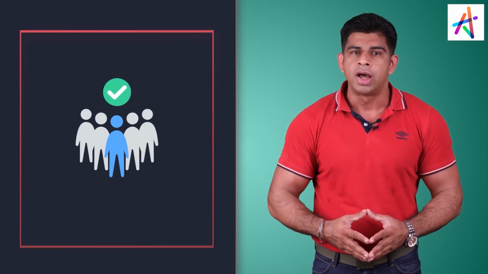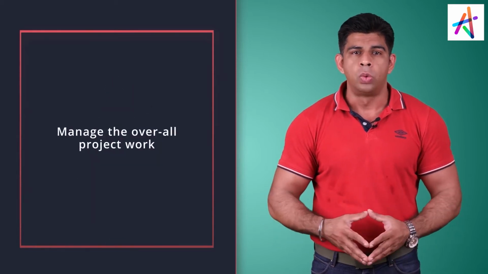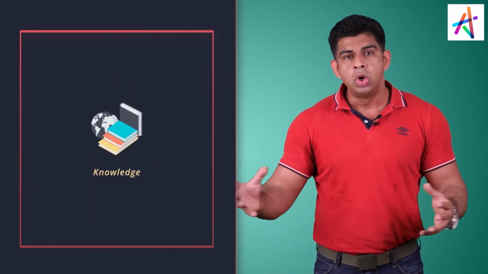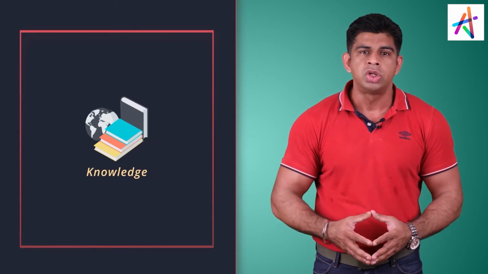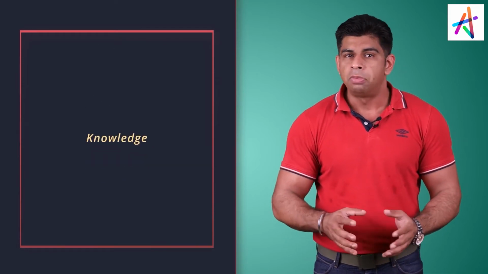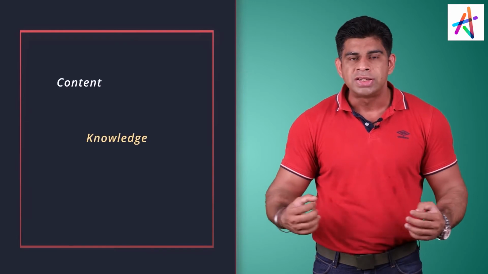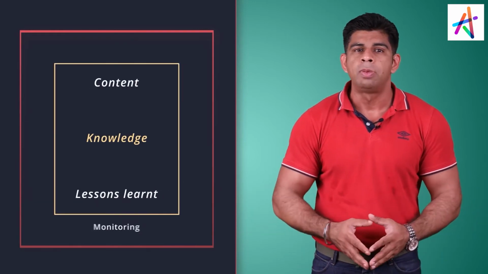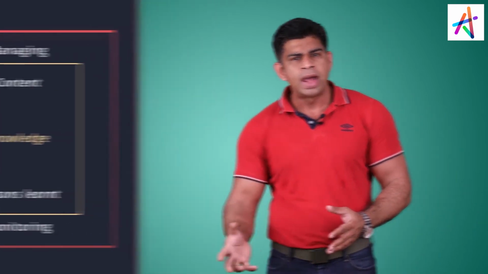What happens in execution? In execution, you direct your people to get the work done. You manage the overall project work. You manage the entire knowledge in the project, right? Entire content, entire lessons learned is something which you keep on monitoring and managing. You manage the quality.